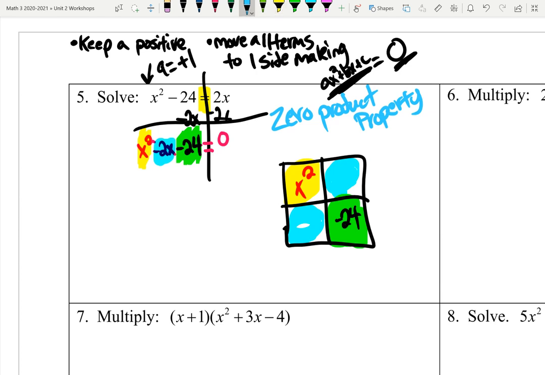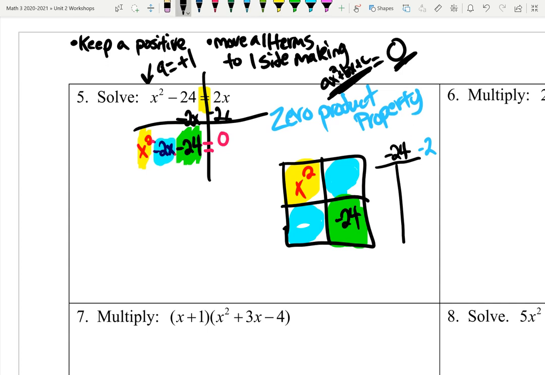What multiplies together to be negative 24, but then adds together to be negative 2? So I'm going to use this t-chart. And what I'm looking for right now is when this is going to add together to be negative 2. So let's look.